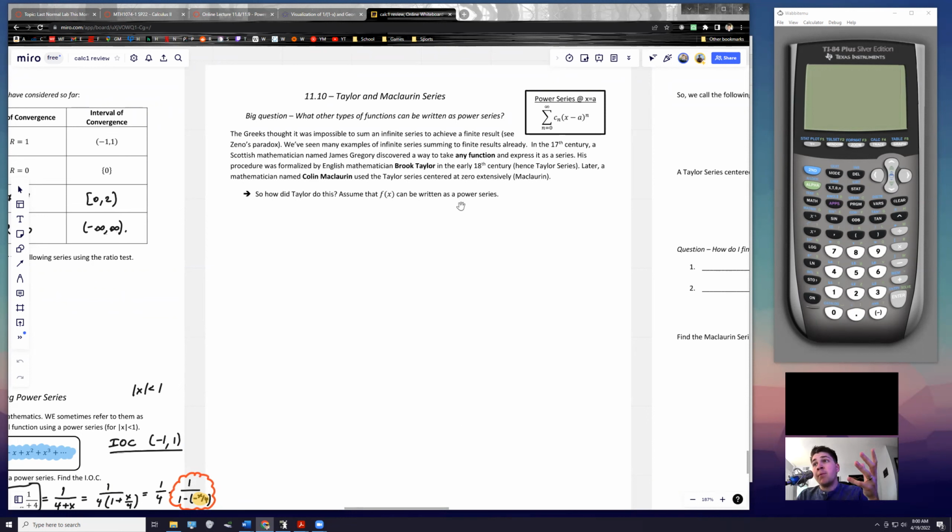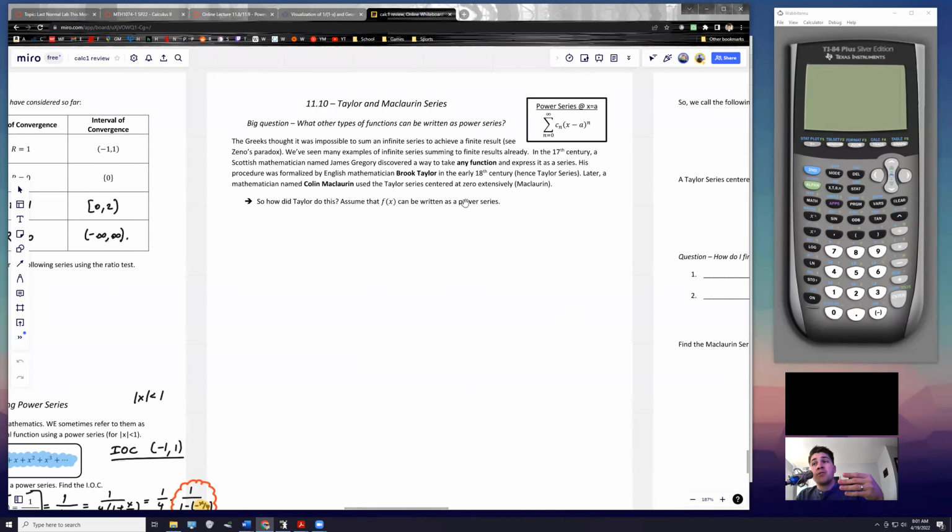Now, he didn't actually publish his findings because he thought he was just rediscovering Sir Isaac Newton's work. Newton did a lot of math regarding planetary motion, and Newton knew about power series to some degree, but they never really formalized it. They never published these ideas.